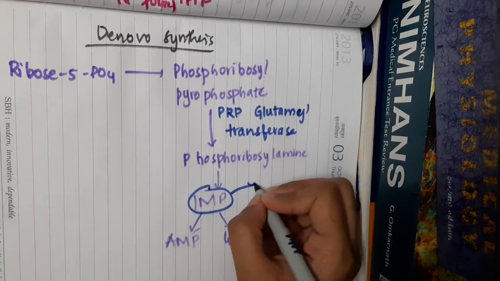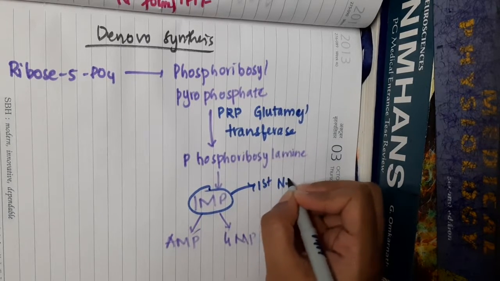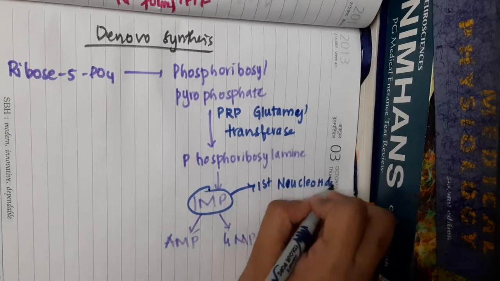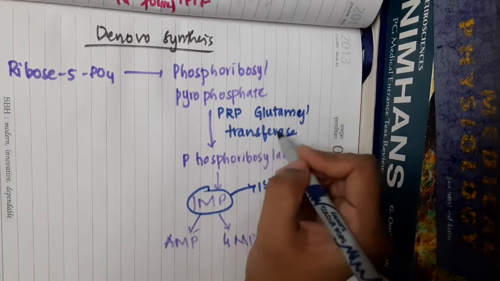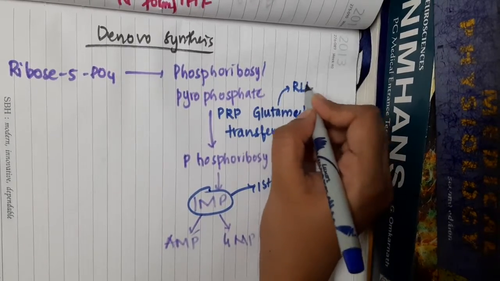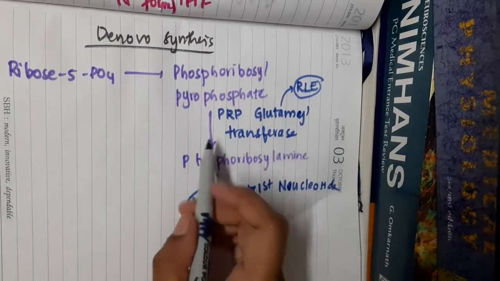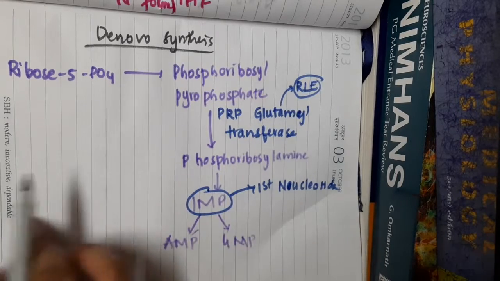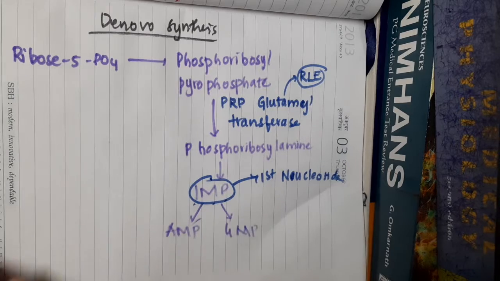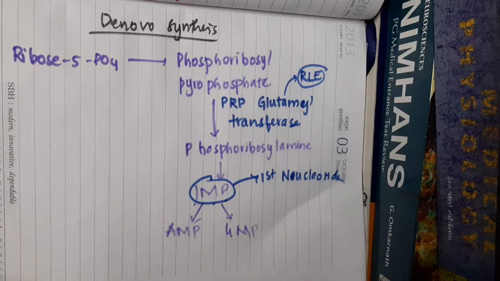This inosine monophosphate is the first nucleotide to be formed in purine synthesis, and phosphoribosyl pyrophosphate glutamyl transferase is the rate limiting enzyme.